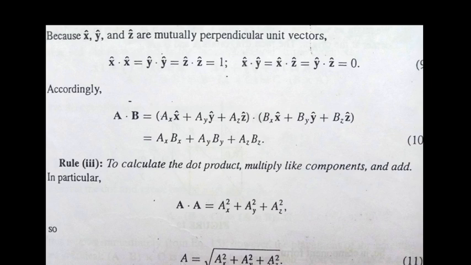It's written very importantly here: to calculate the dot product, multiply like components and add them in a particular way. So this is how the addition takes place, but this is a squaring of the vector, where you just add their respective components and find their magnitude. Okay.